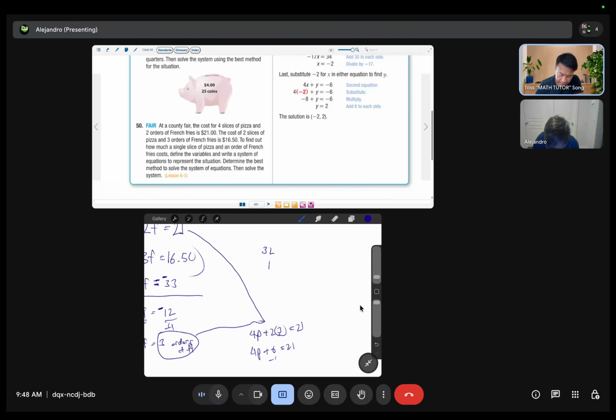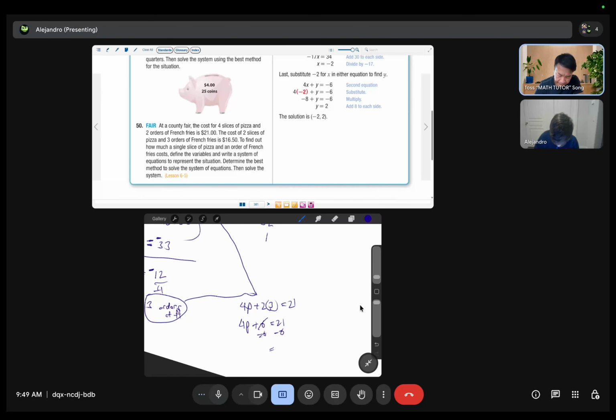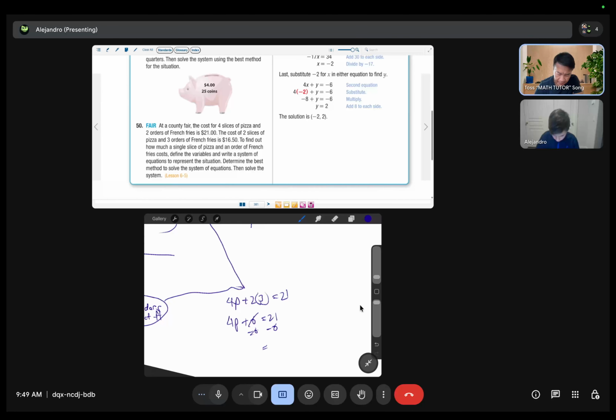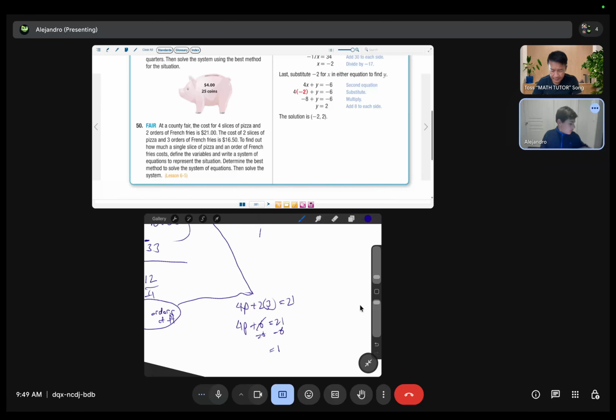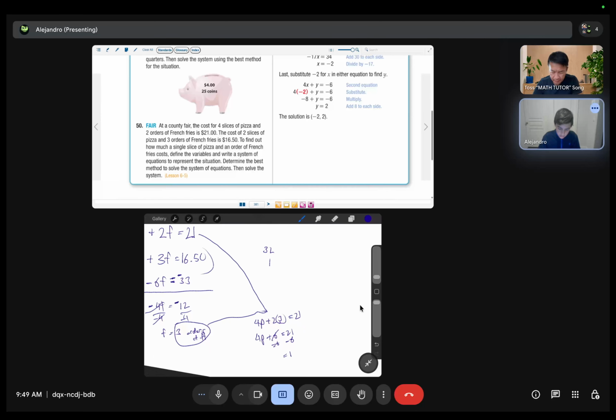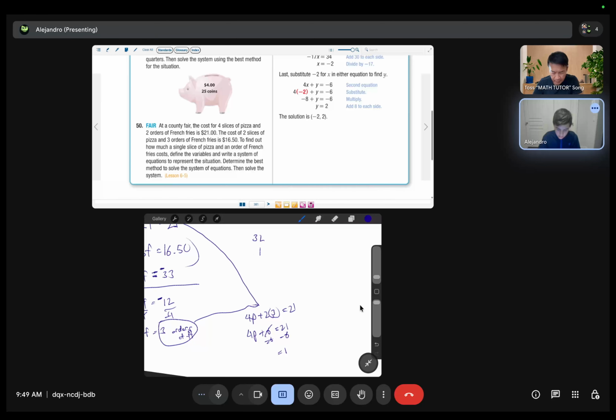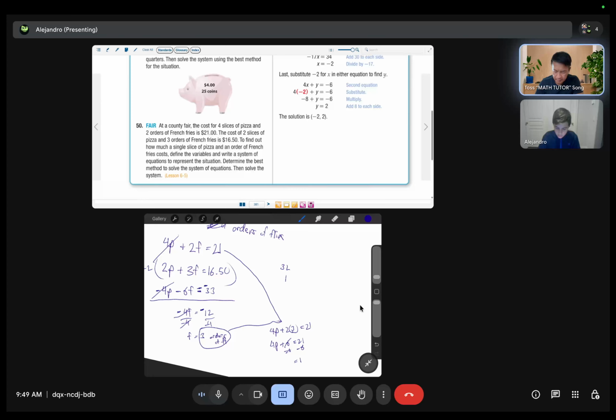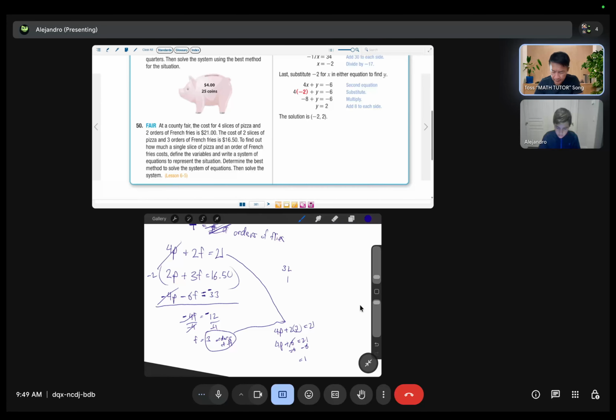Subtract both sides by 6. What is that? Okay, unless I made a mistake somewhere. 3, right? Yeah. That was 6. Wait, this is good.